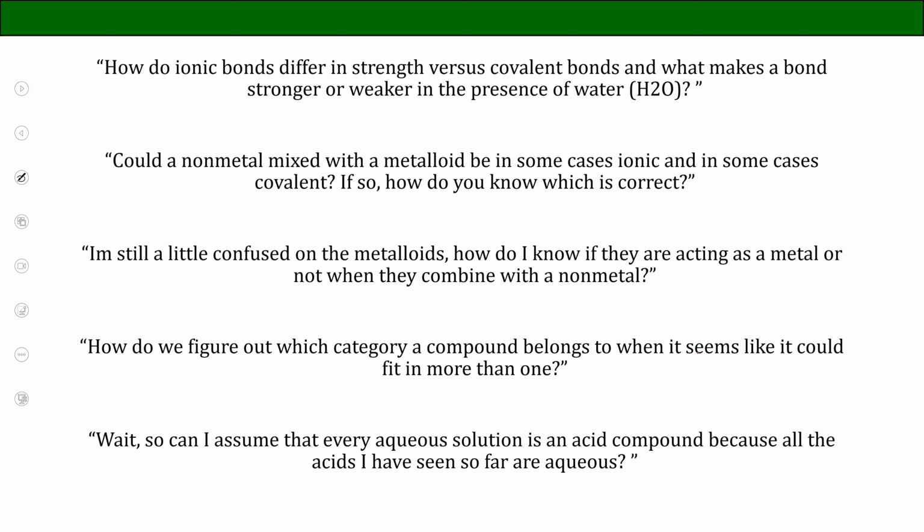But if you do want a better answer as to how you know if it's ionic or covalent if it's a metalloid, basically you look at electronegativity. Remember that when we looked at whether something was a polar bond, we had a threshold for difference in electronegativity.